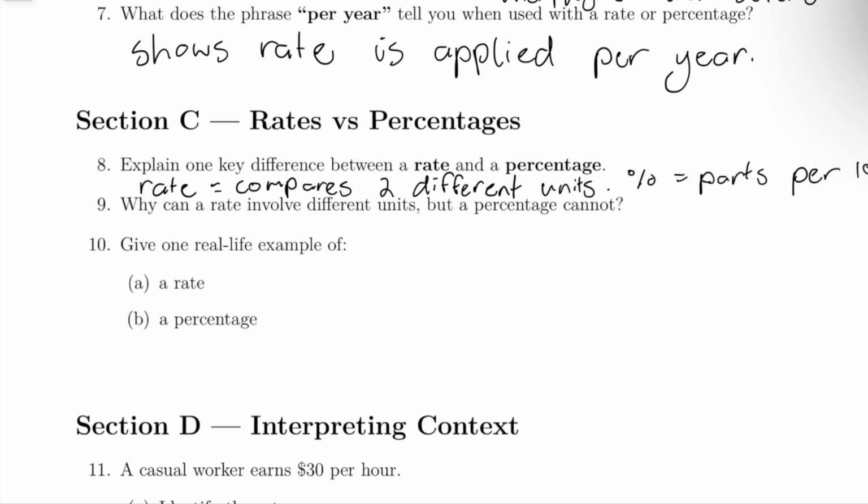So question 9, why can a rate involve different units but a percentage cannot? So it's important to understand with rates, you're comparing two different quantities. So for example, $20 per hour.